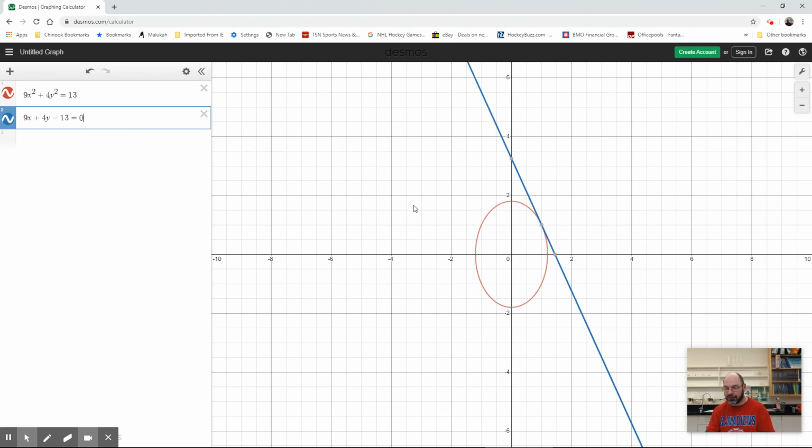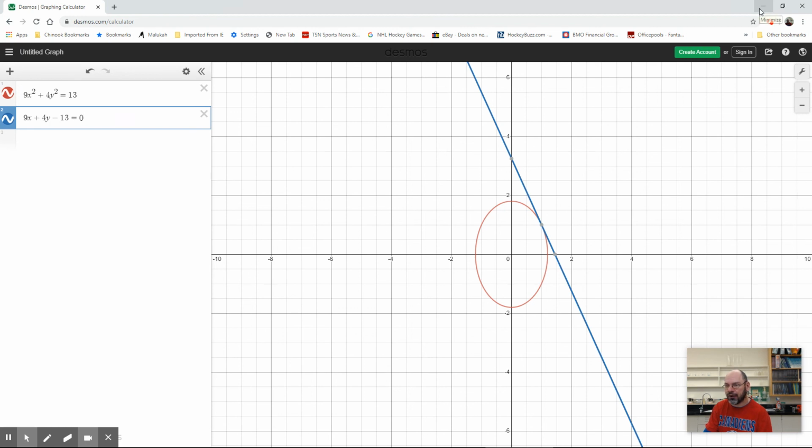There we have our tangent with a negative slope, and this should be (1, 1). So we consider ourselves, okay, we got her. So you can use Desmos to check what it should look like if you don't want to do the sketch. There's our ellipse. There's our point of tangency at (1, 1). Everything looks good.